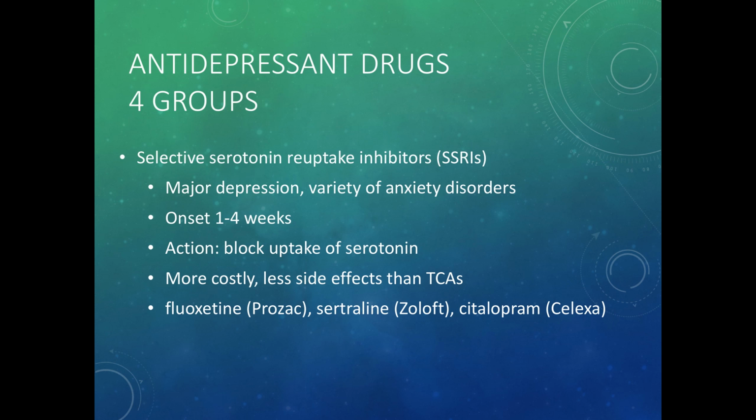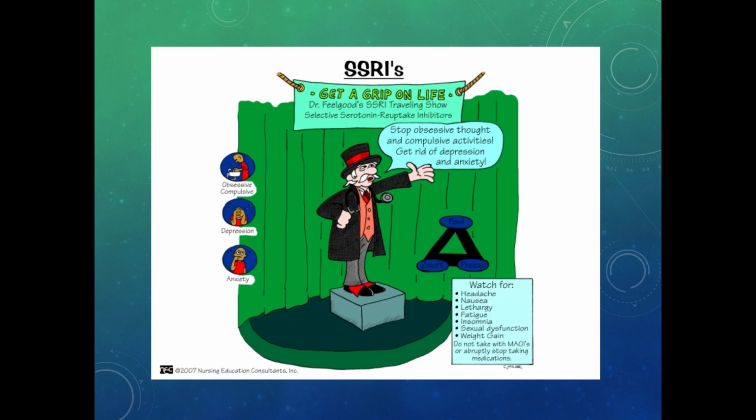Fluoxetine is a common antidepressant, an SSRI: Prozac, sertraline, which is Zoloft, citalopram, which is Celexa, escitalopram, which is Lexapro. And these are the SSRIs. I'm not going to go through this in detail. You can look at this for yourself and copy down some of the information.